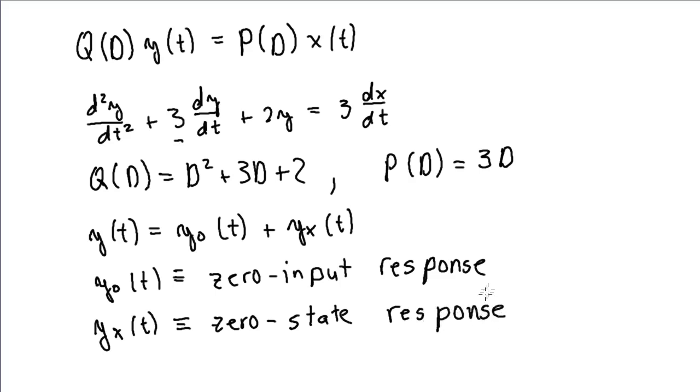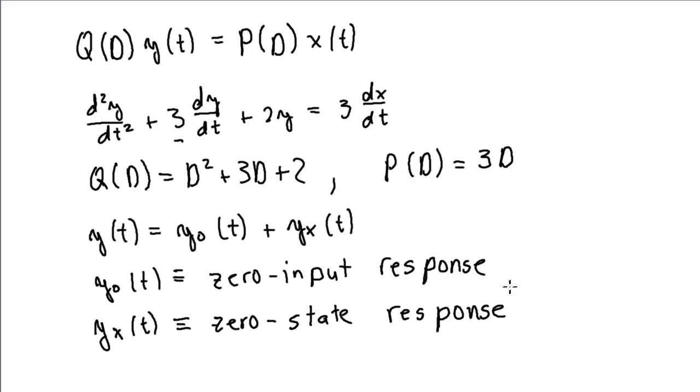Now, the zero input response is similar to what you may have called the homogeneous response in your differential equations course, and the zero state response is similar to the particular solution. They're not quite the same. They are related, and we'll see that later on as we continue through the course.